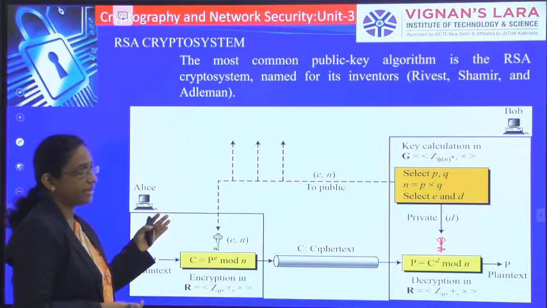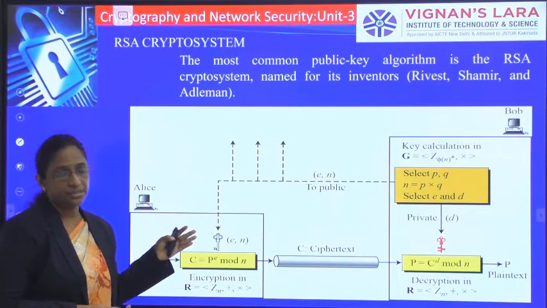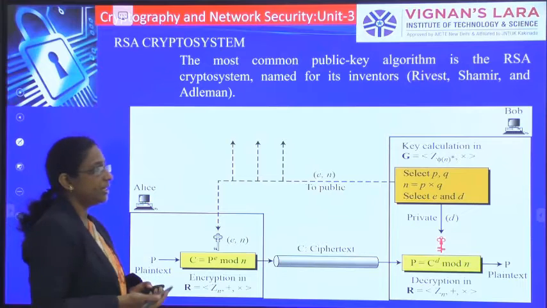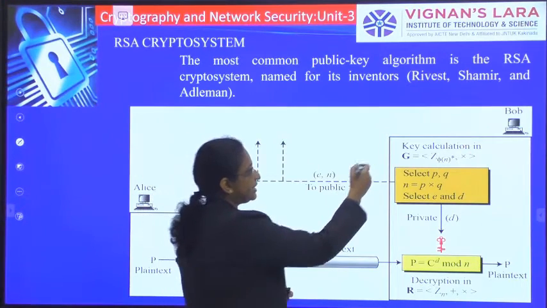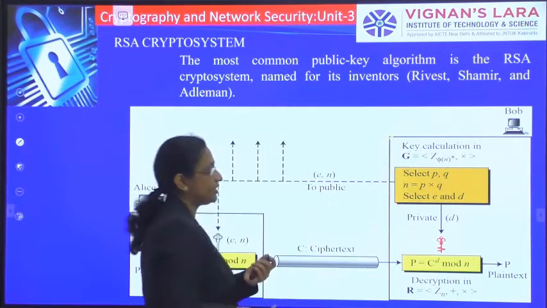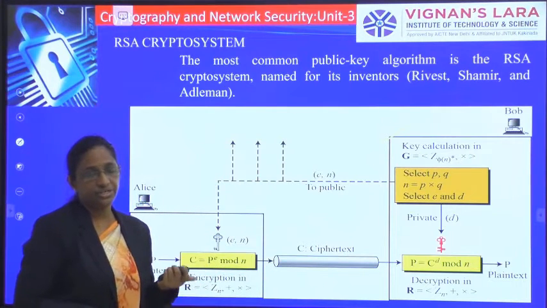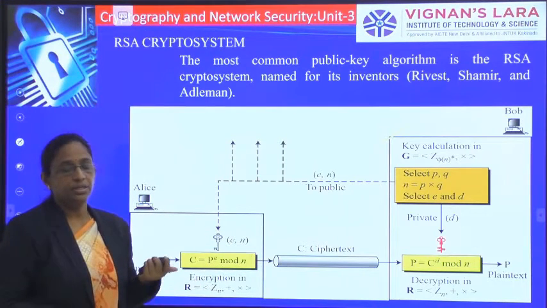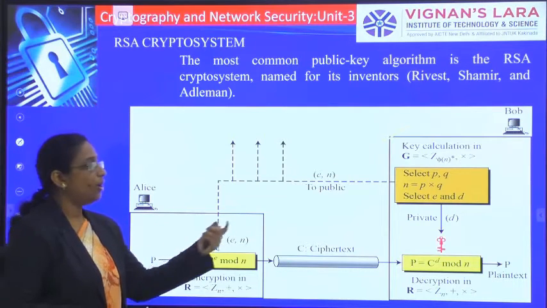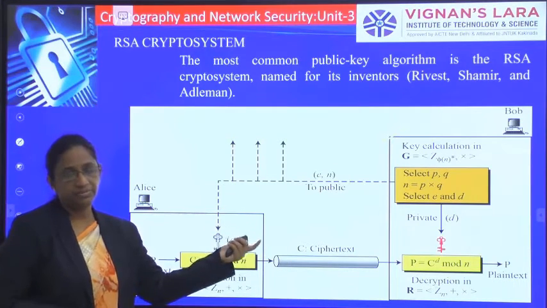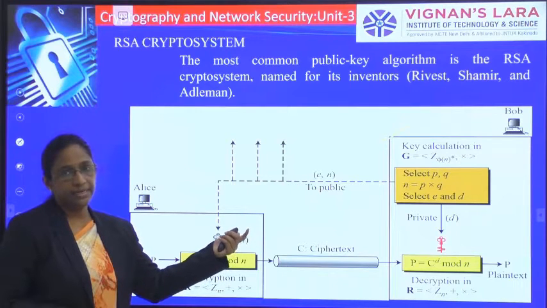We have already said that every public key crypto system has three modules. The first module is key generation, where we generate the public and private keys.